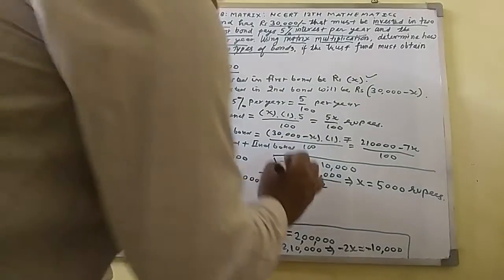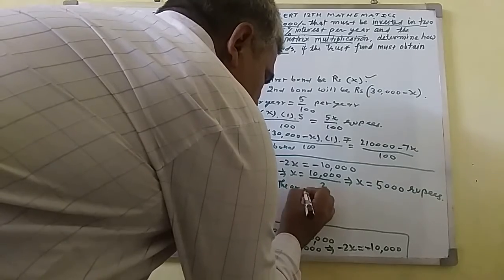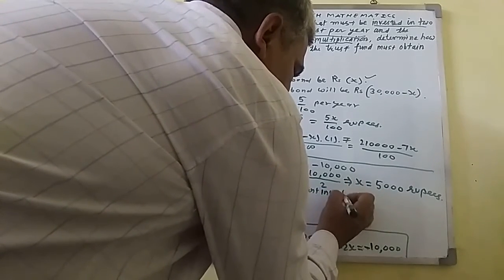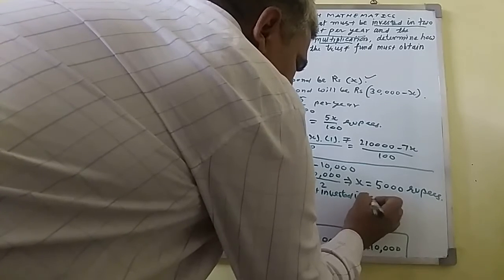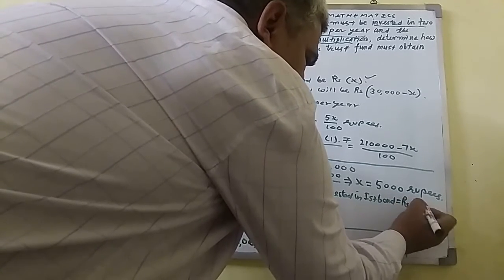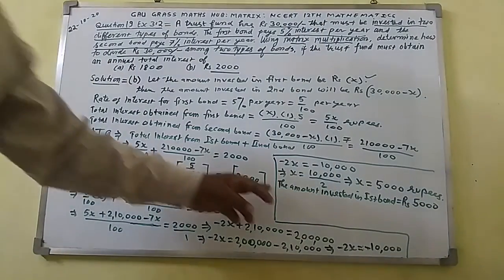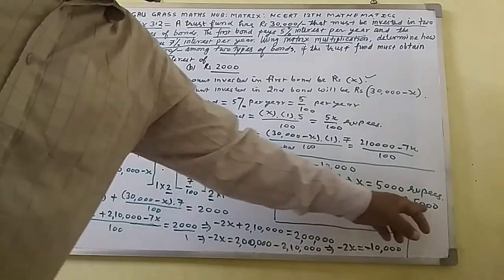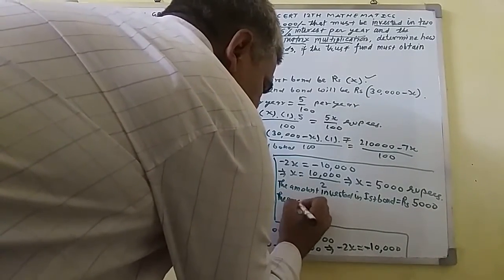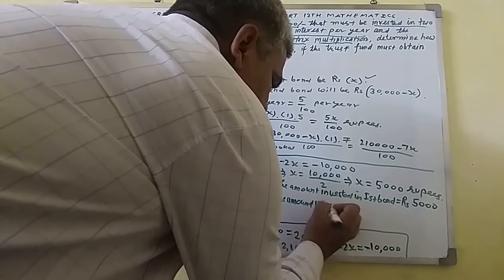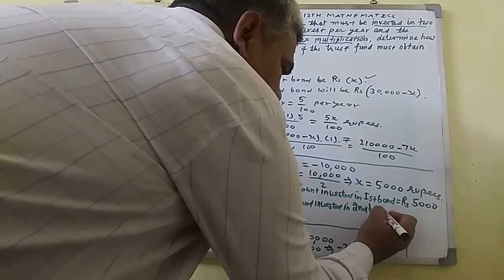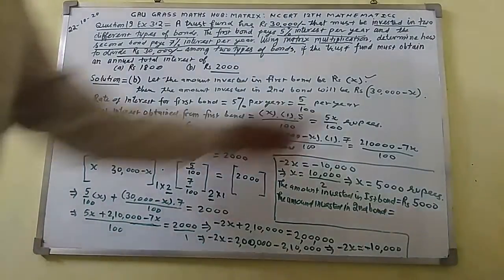So here I can write very well the amount invested in the first bond equal to rupees 5,000, and the amount invested in the second bond equal to, here you can see 30,000 minus x.